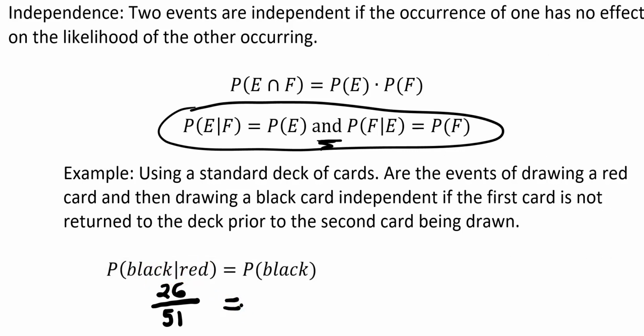Now we go back to the very beginning of my deck of cards. So all my deck is put together. I have 52 cards and I know that 26 of them are black, or I know that this is a half. We know that the fraction on the left, 26 over 51, is not equal to a half. So we know that this situation is not an independent situation. They are dependent.